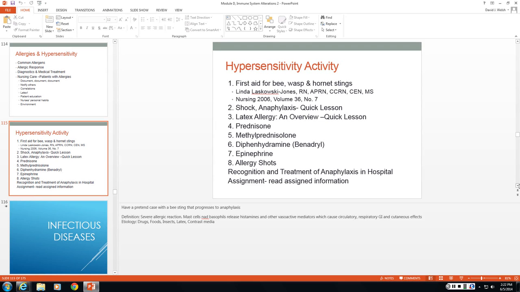The histamines do what? They're vasoactive mediators. Okay? So what do you want to do with those, the circulatory system? The epi is going to do what? Okay, you need to know exactly what that's going to do.